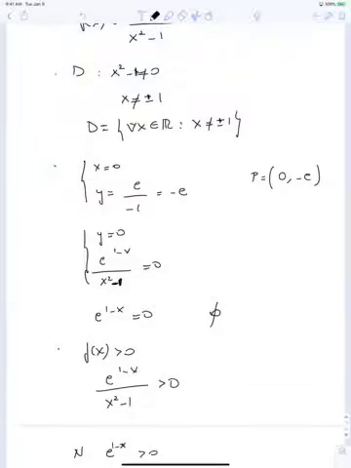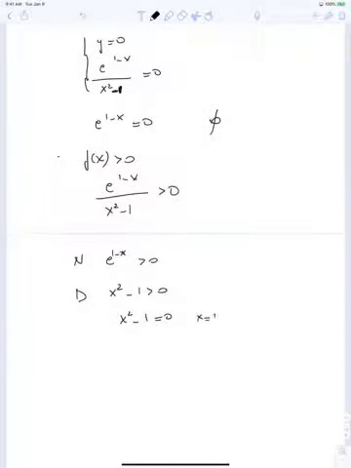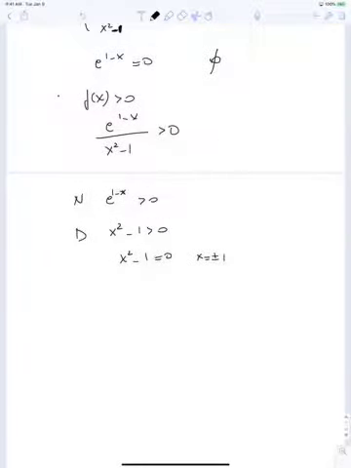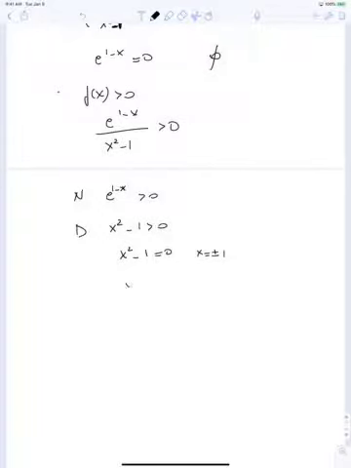We have already done it because that's how we defined the points where the function is not defined. So this parabola is positive when x is less than minus 1, and it's positive when x is greater than 1.